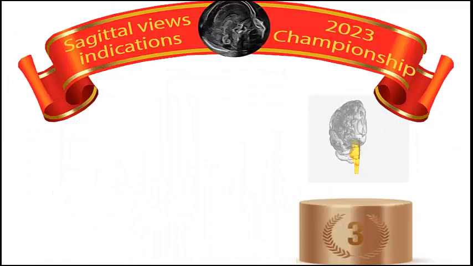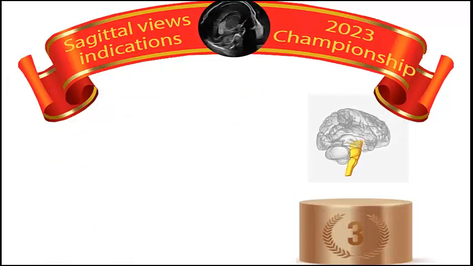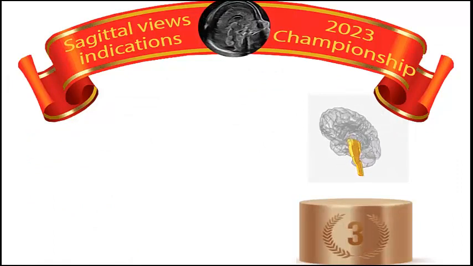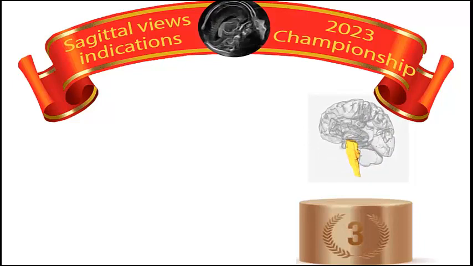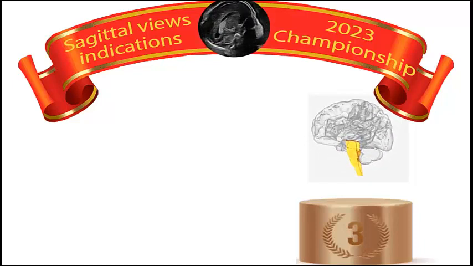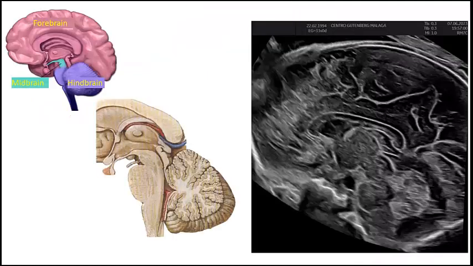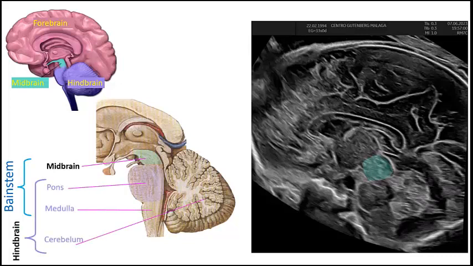The third main contribution of the mid-sagittal plane is for the evaluation of the brainstem in the context of a neurosonography or advanced fetal CNS exam. As you know, the brainstem is formed by the midbrain and the two most anterior portions of the hindbrain, that is, the pons and the medulla oblongata.